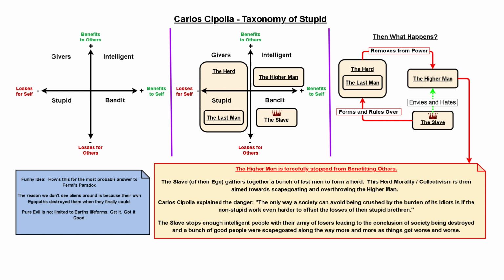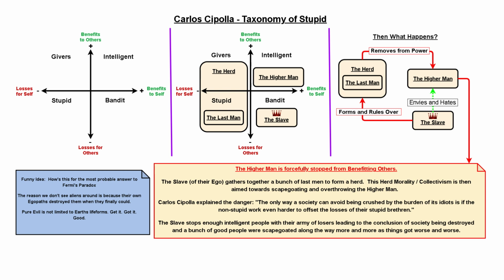We're just using it in terms of, did you cause wins or did you cause losses? Then you have in the bottom right the bandit, and the bandit will benefit themselves and cause losses for others. Now that's your taker. You have givers in the top left. Well, guess who your taker is going to be in the bottom right?